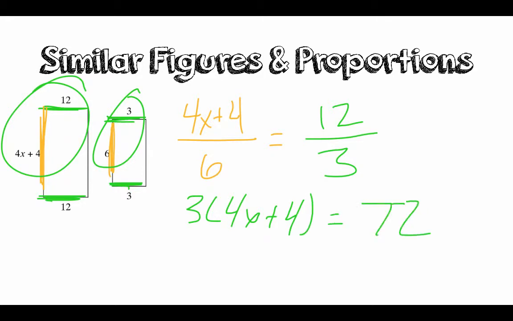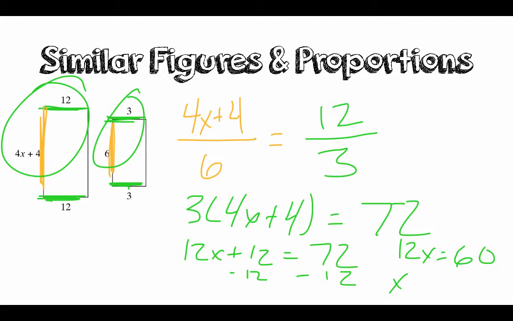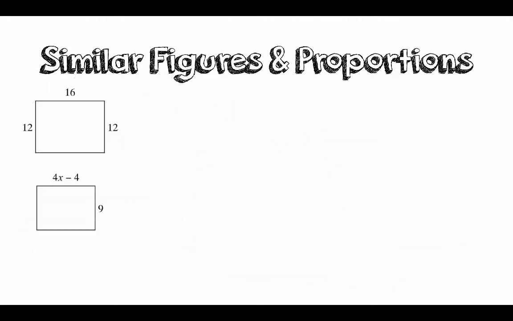All right, so we got 12x plus 12 equals 72. Subtract 12 from both sides. 12x equals 60. X equals 5. All right, so go back, plug it in. 4 times 5 plus 4 gives me 24, so this length is 24. All right, does this make sense? Is 24, is half of it 12? Yes, we proved that when we know that. And 6, half of 6 is 3, so these are similar figures.